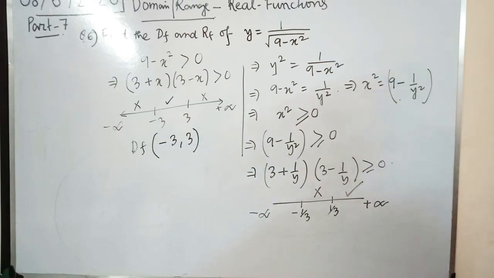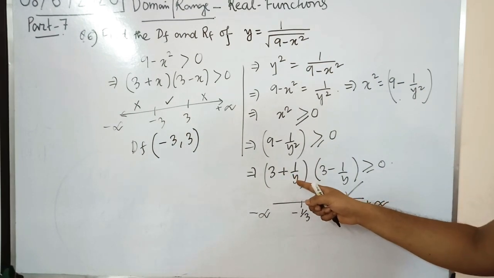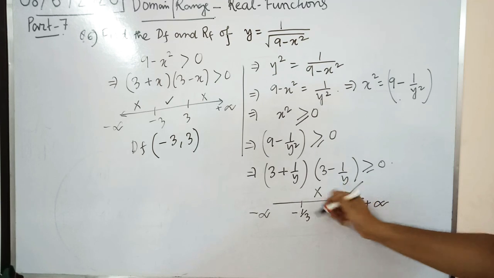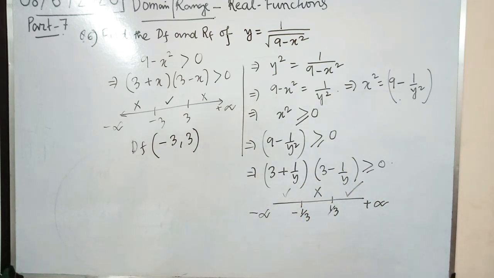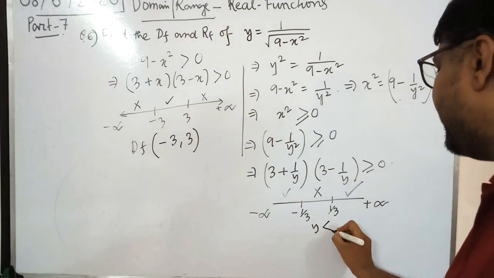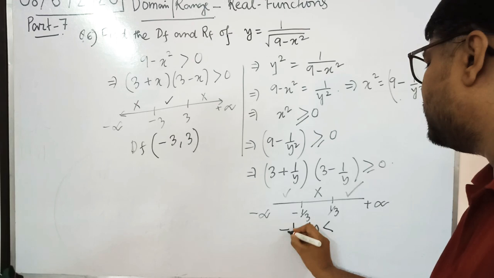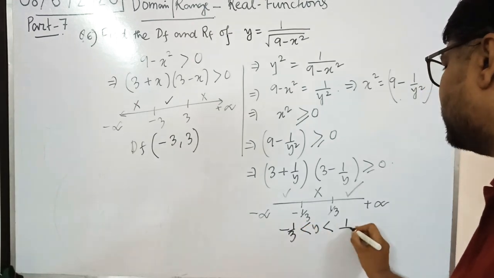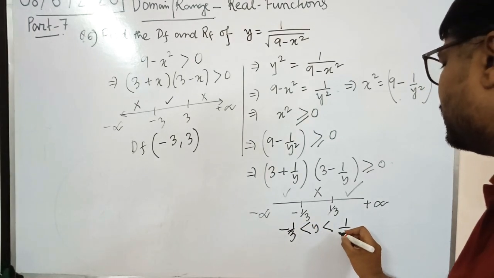So here it becomes minus 1 by 10 and plus 1 by 10, this will be satisfied. So we see that this y actually lies between minus 1/3 and 1/3.